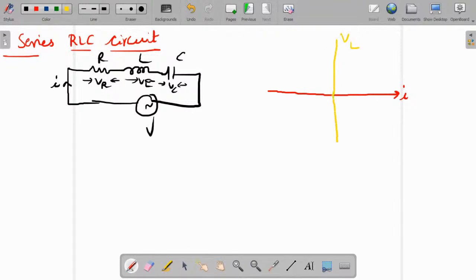The capacitor will be lagging, so this is VC, whereas the resistor is in phase, this is VR. So the resultant will be something like this.